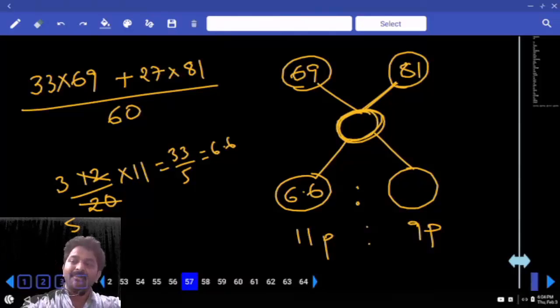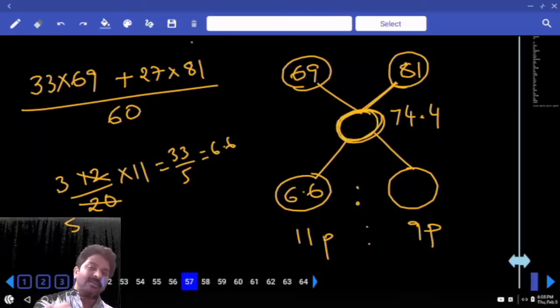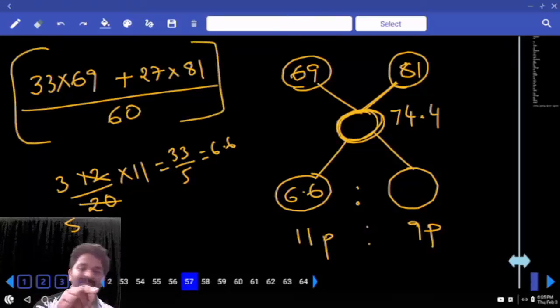That means from 81 we subtract 6.6, which gives 74.4. Final answer. 74.4 is not there in the options, but it is 74.4 only. Even if you calculate the other way, you will get the same.